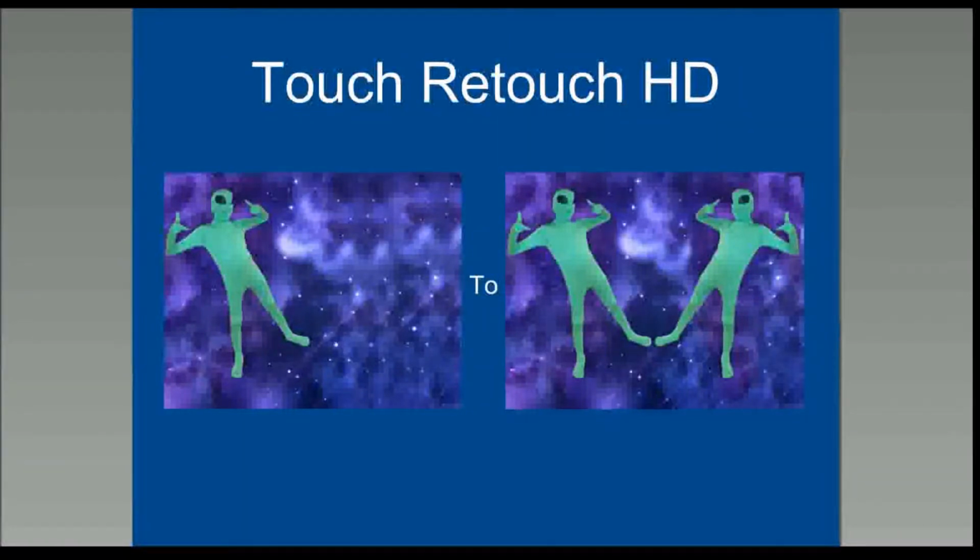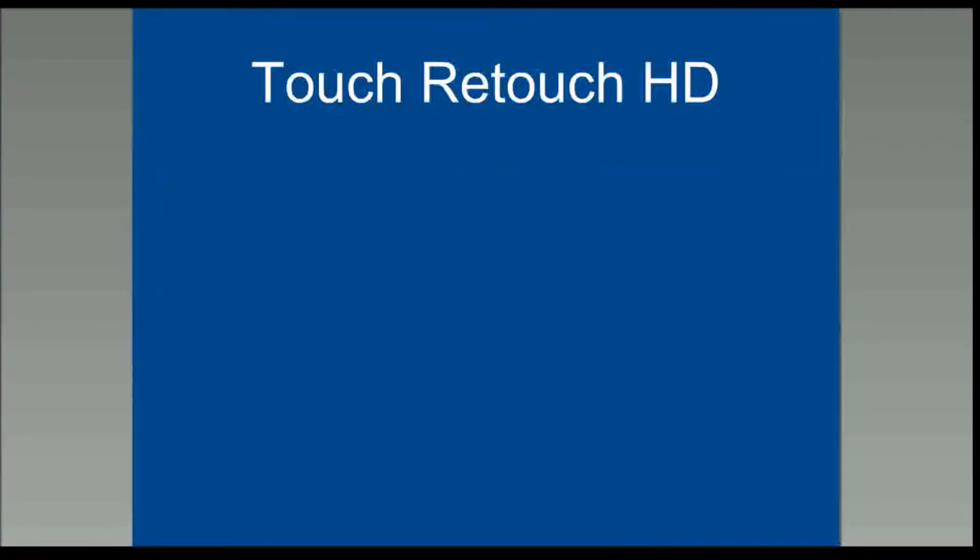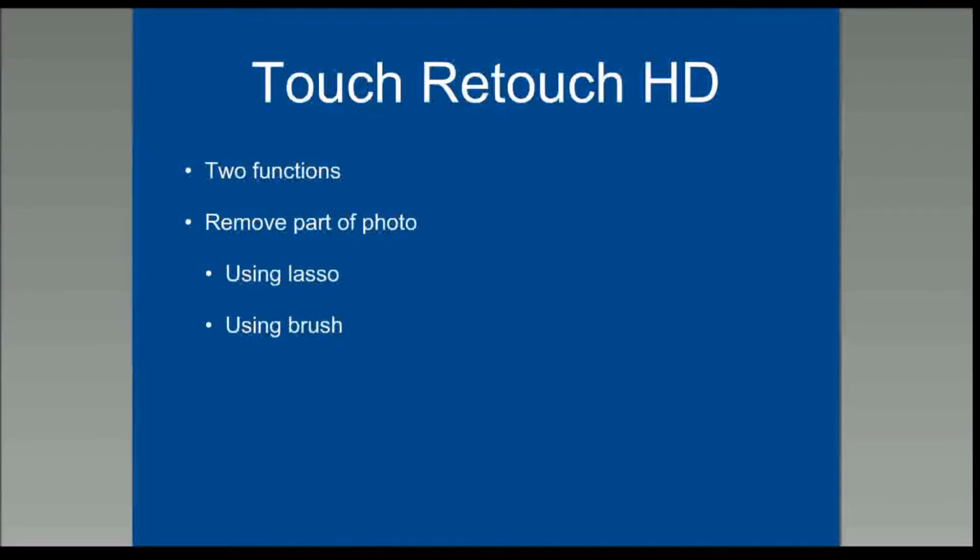Okay, Retouch HD is an app that allows you to take that first picture and turn it into the second one. And it essentially has two functions. The first function is to remove part of a photo. And it gives you two tools to remove it.